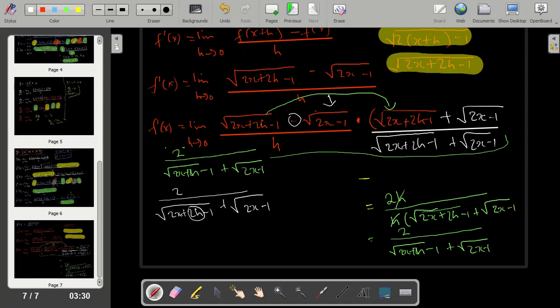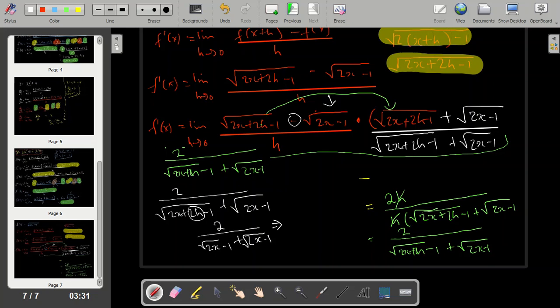So the final answer, this is just going to be 2 over the root of 2x minus 1 plus the root of 2x minus 1. Then you know that the root of 2x minus 1 plus the root of 2x minus 1 would just be 2 root of 2x minus 1.